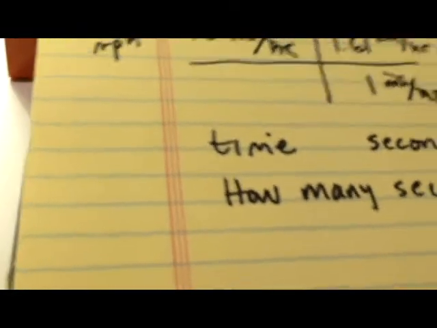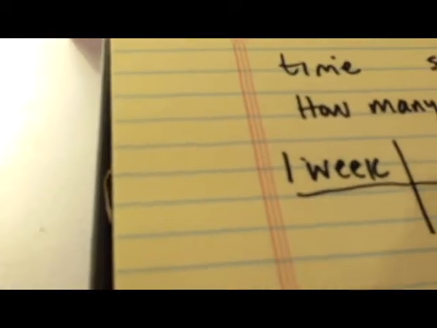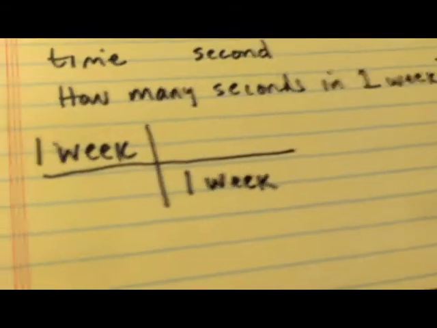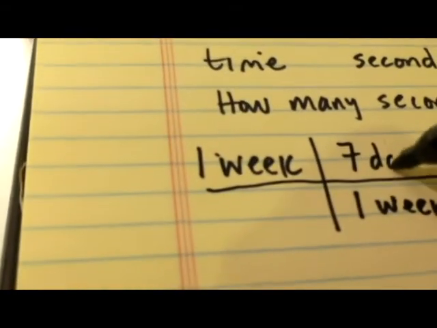So we're dealing with the week here, so we're going to start with 1 week. And if we want to use fence and rail, we can do that. Well, 1 week is 7 days, so 1 week goes in the denominator and 7 days goes in the numerator.